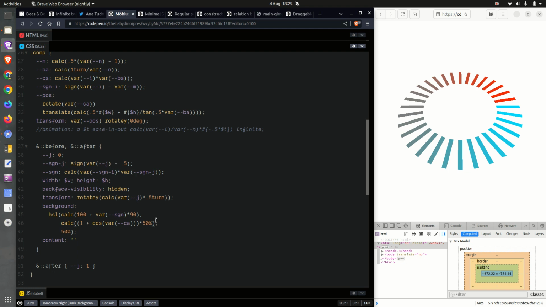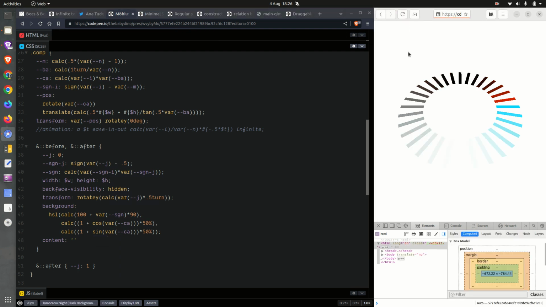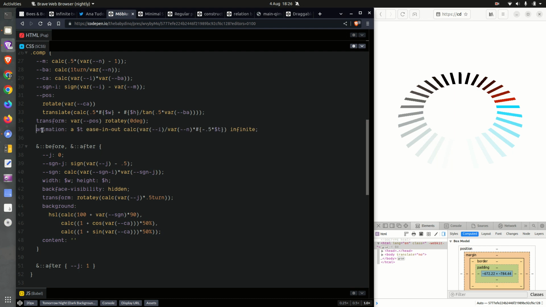So we are going to do something very similar right here, except we're going to have sine. So let's refresh right here, and if we add back the animation, you are going to see it in action. But we don't want to, when the sine is 1, we add 1, right, and multiply it with 50%.